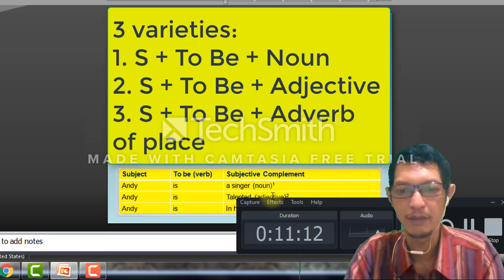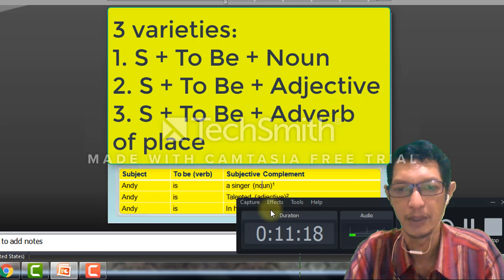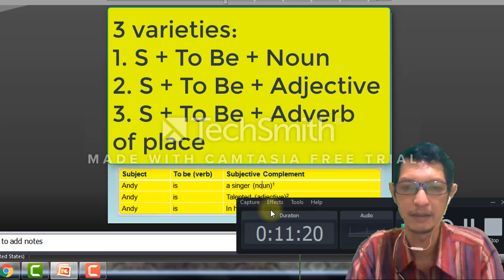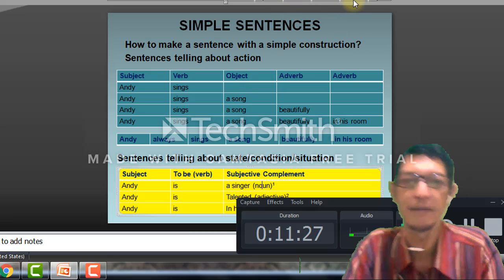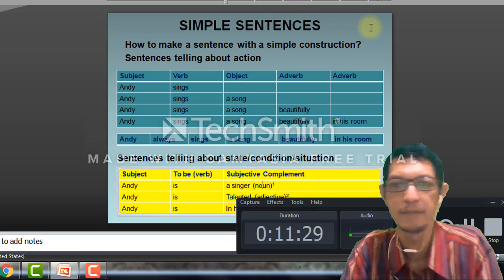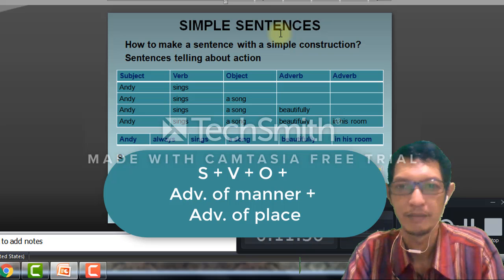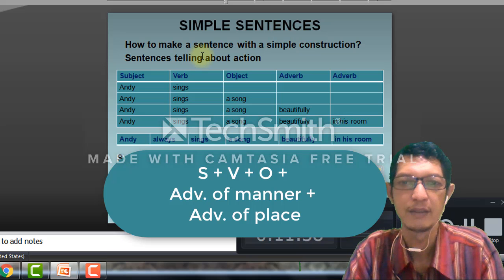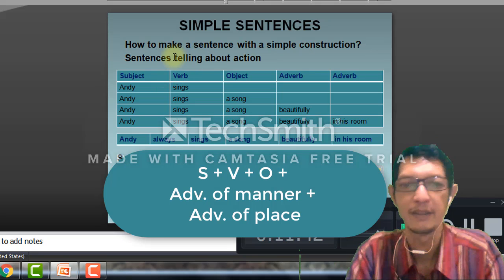It contains a noun, an adjective, or it can also be followed by an adverb, especially an adverb of place, or an adverb that tells information about place. So I have made this chart here. How to make a simple sentence, a positive sentence, or affirmative sentence, or making a statement.